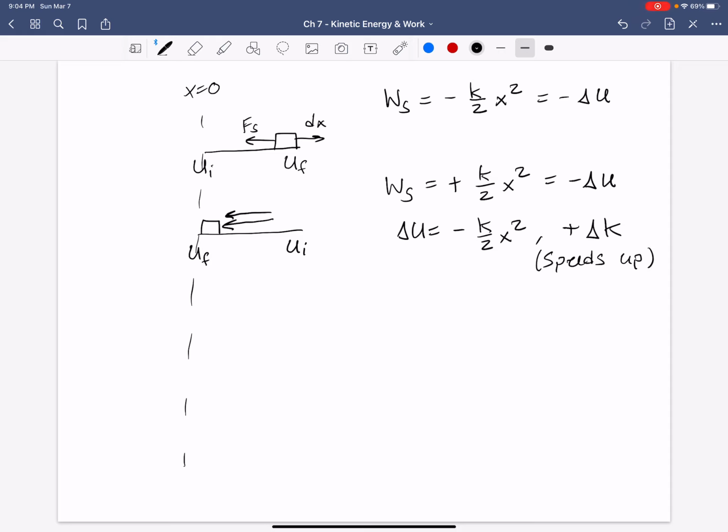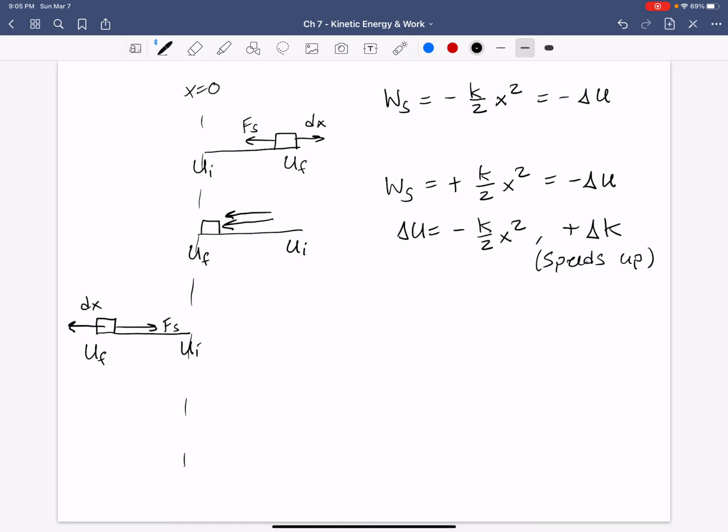And now in case 3, or segment 3 rather, over here, it passes the equilibrium point and slows down to a stop at some maximum displacement, but on the left side, right, in the negative direction. So now, as it goes from the initial point to the final point, there's a force wanting to pull it back towards equilibrium, slowing it down, and the displacement, though, is still left, right?